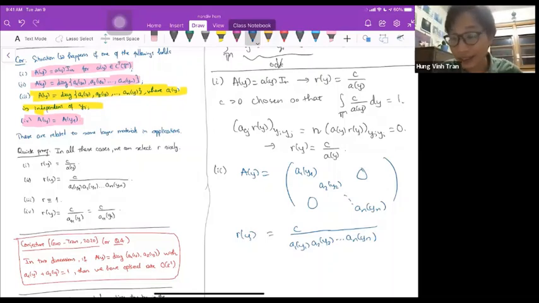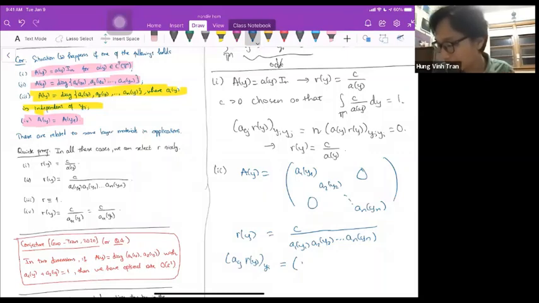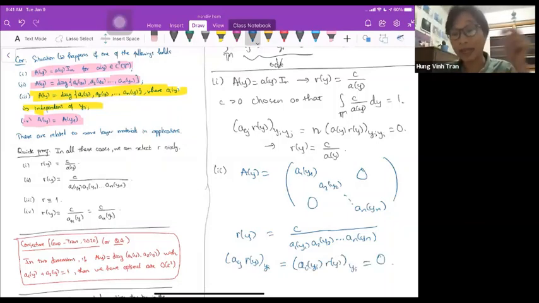You can check that it is invariant, and furthermore it's also clear that for the A_ij R(y) term, because it's only on the diagonal, you just have a_i(y_i) times R(y) differentiated in y_i, which is 0 because it's independent of other slots.